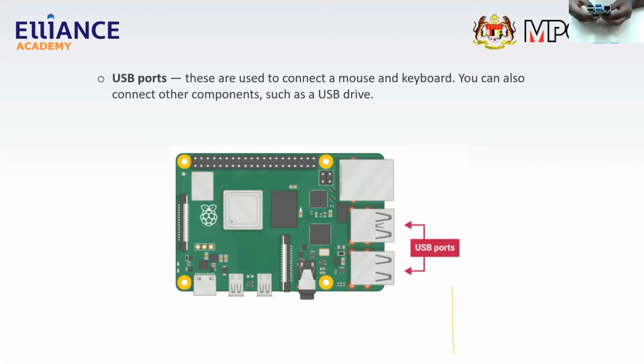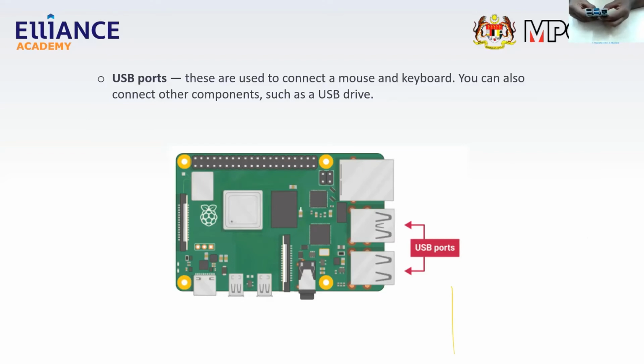The number and the type of USB ports on the Raspberry Pi depends on the model. If we are going to use an older version of the Raspberry Pi, it might have only 2 USB ports. The USB port enables attachment of peripherals such as keyboard, mouse, webcam, and also USB drives such as your pen drive or hard drive.